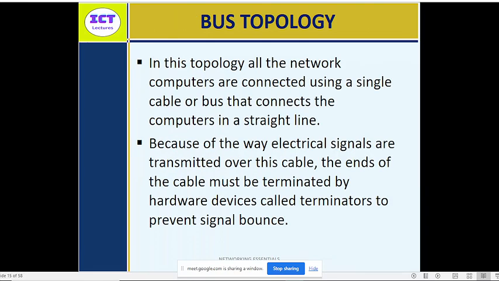So let's look at the bus topology. Now, the name bus simply means a straight line or a straight cable. Normally when you are implementing a fiber optic or a backbone cable, have you ever seen across the buildings people digging some trunks and placing the fiber optic?